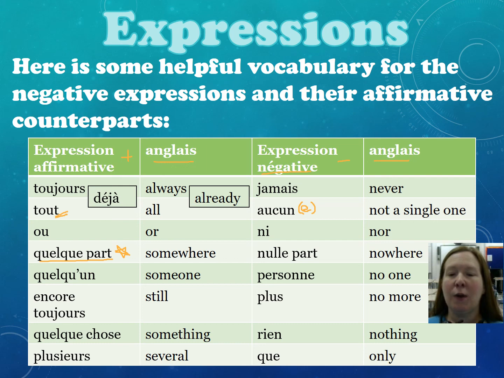The negative expression would be que, meaning only or not. That's the only situation. And there are other affirmative expressions here that you could use. Of course, you could say all or multiple, or you could even use any number that's not one to be the opposite of que. So this should help you with the homework.